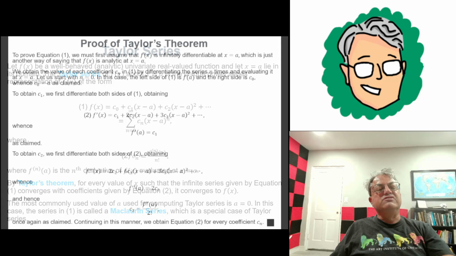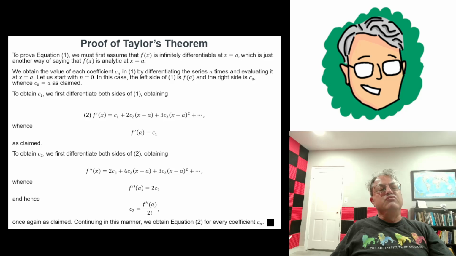And I do it here. So what you'll end up with is c1 plus 2c2 times (x minus a) plus 3c3 times (x minus a) squared, and so on. And now again, we're going to plug in the value of x equals a, and every term except the first is going to go to 0 because all the terms (x minus a) to the nth power are going to be 0, and we're just left with c1.